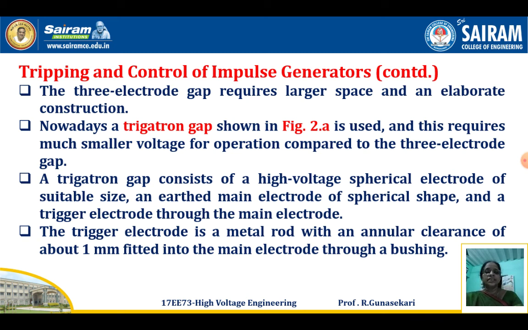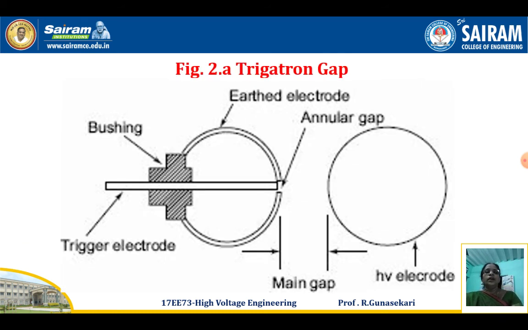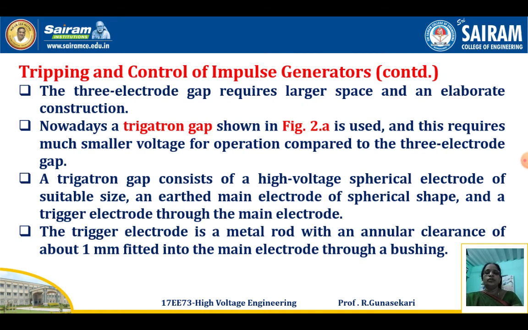A trigatron gap consists of a high voltage spherical electrode of suitable size, an earthed main electrode of spherical shape, and a trigger electrode through the main electrode. Now you see the figure. The earth electrode on the left and the high voltage electrode on the right are both spherical in shape. The trigger electrode is strip shaped.